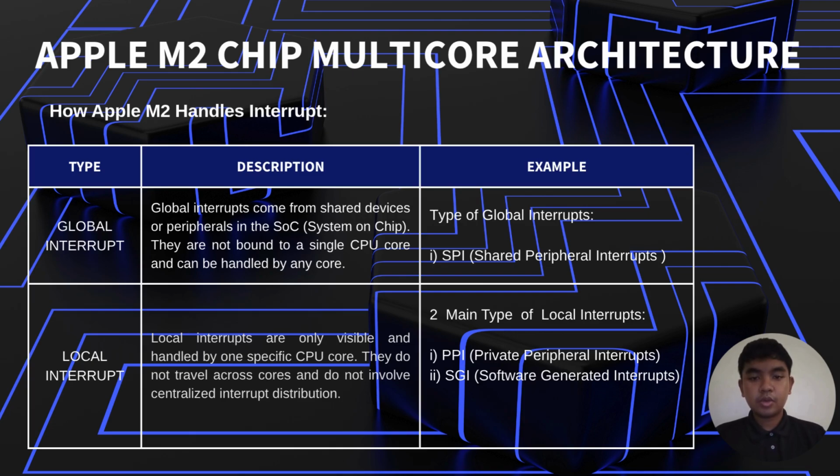For the second type of interrupt, that is local interrupts. Local interrupts are only visible and handled by one specific CPU core. They do not travel across cores and do not involve centralized interrupt distribution. Two main types of local interrupt are PPI, private peripheral interrupts, and SGI, software generated interrupts.